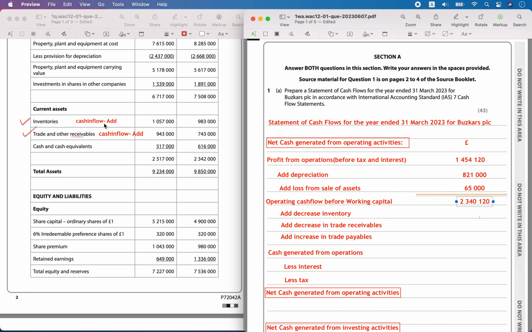Now the working capital changes have happened. We have a decrease in inventory, so I will have to calculate the decrease in inventory.